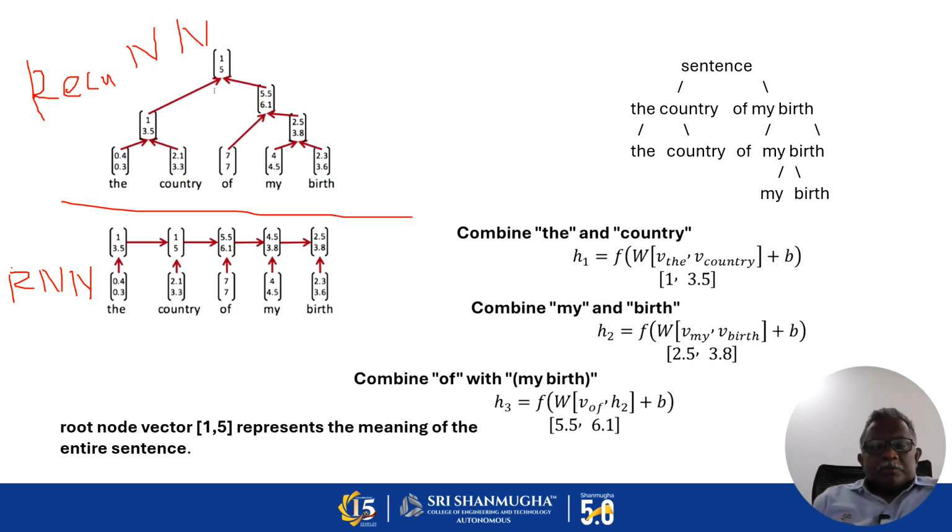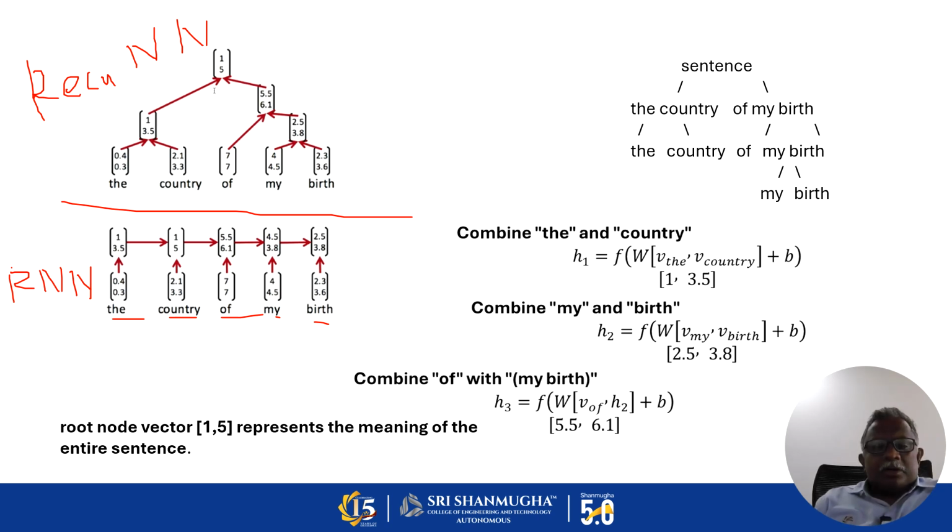For example, each word in "the country of my birth" has some representation, a vector embedding. In an RNN, some portion of information flows from the previous hidden state to the present hidden state. Finally we get the representation here.